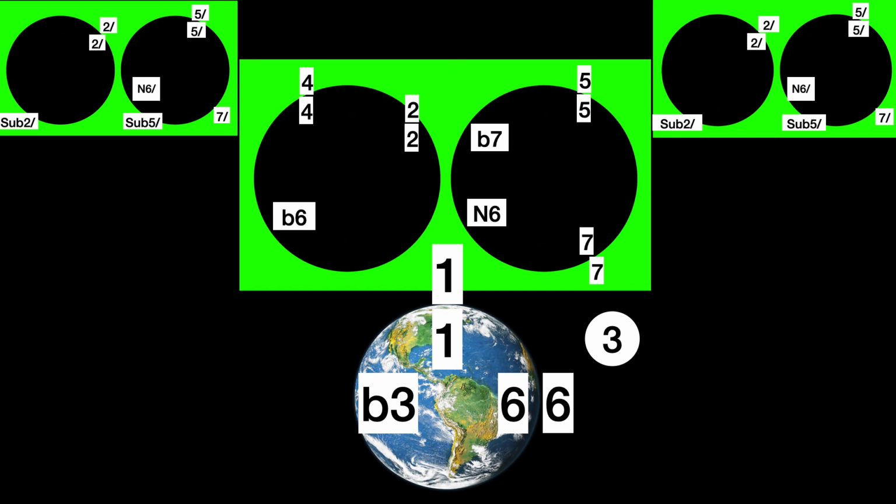Oftentimes it does both. And then it delays it, and when we get there, it feels like it resolved something, even though we're not totally done resolving. We're still going to go to the dominant part, maybe wind that up before we get there, and then go home.